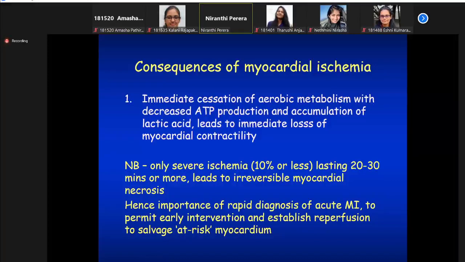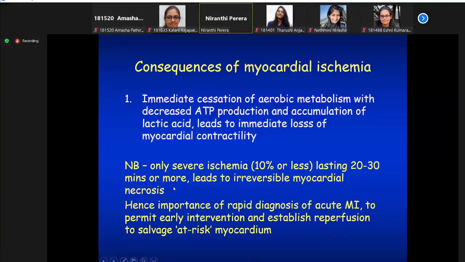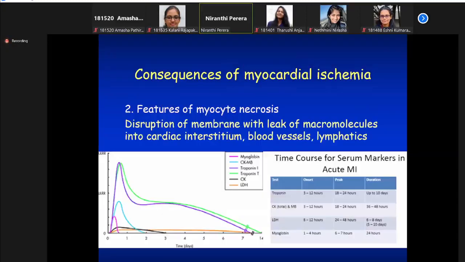They give things like streptokinase to lyse the thrombus, okay? And when you do that, that obstructed area of muscle regains blood supply, and therefore you establish what is called reperfusion, to salvage that at-risk myocardium. I'll get to reperfusion in a little while, but this is something that can be done. I'm just telling you about that to show you the importance of early diagnosis.